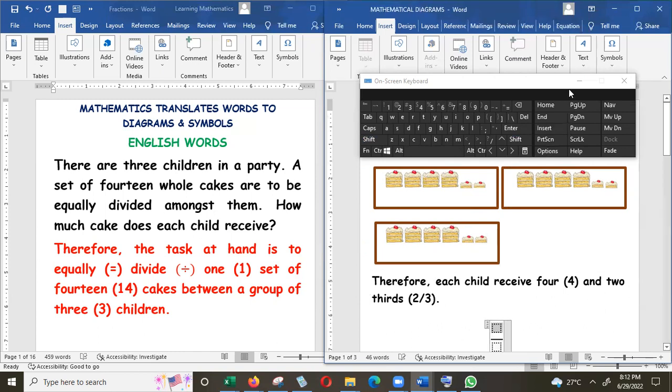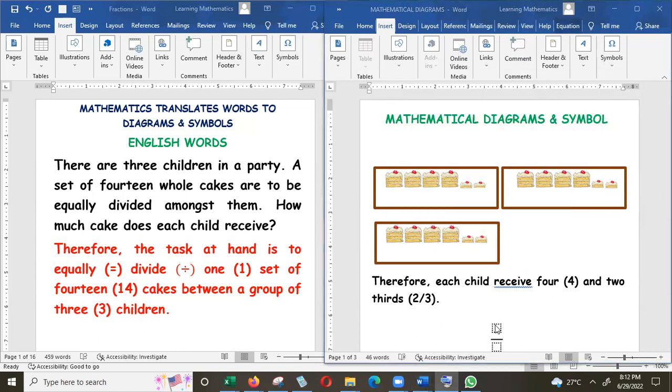So consequently, 1/3 of 14, that's 1/3 times 14, because the word of in fractions has its symbolic translation, which is the multiplication sign.